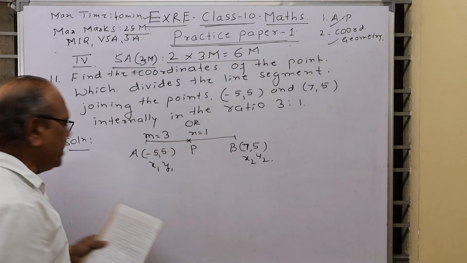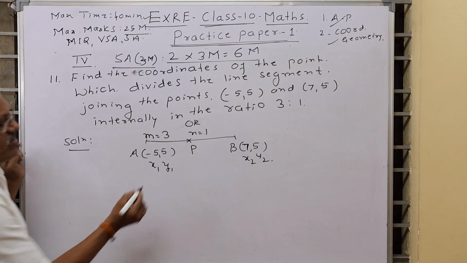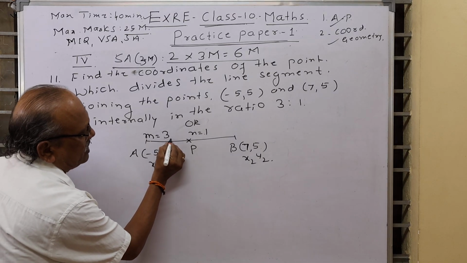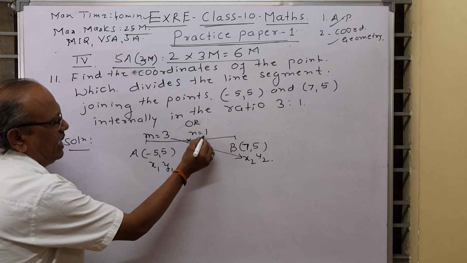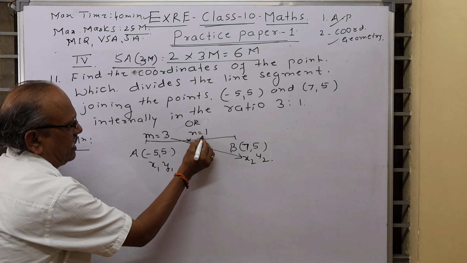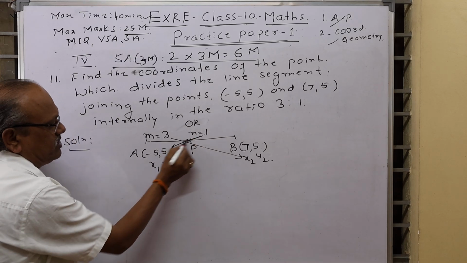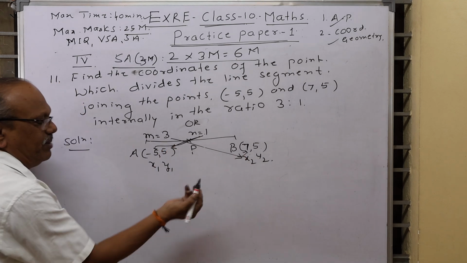There is a simple trick to apply the section formula. You can cross like this. The formula tells you to remember m x2, where m is here and x2 is here. You multiply m x2 plus n x1, multiplying n with x1 and m with x2, divided by m plus n.